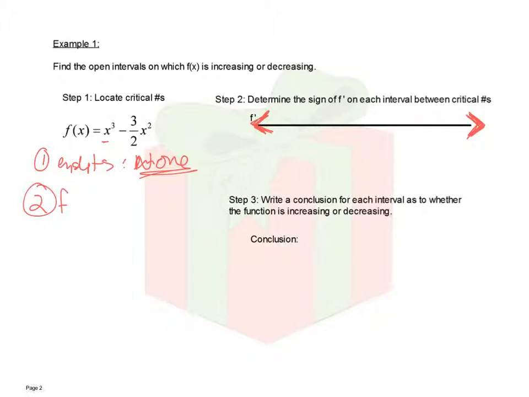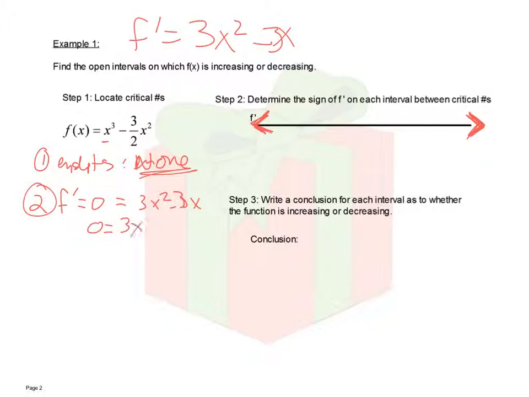All right, so we need to know where f prime equals 0. Well, we better figure out f prime. So f prime equals 3x squared minus 3x. So we need to set that equal to 0. 3x squared minus 3x. I did that by factoring. So I had 0 equals, I factored out a GCF of 3x.